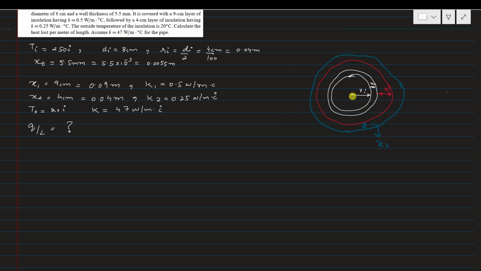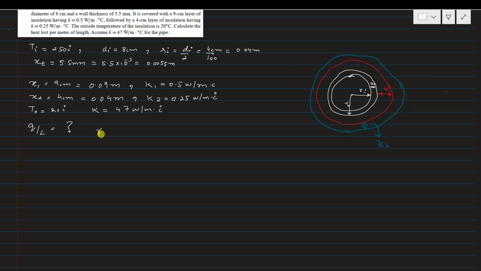Okay, so if you look at this point, this is Ri, the internal radius of the pipe, which is half of the internal diameter. Then the outer radius of the pipe is, let's say, R0.